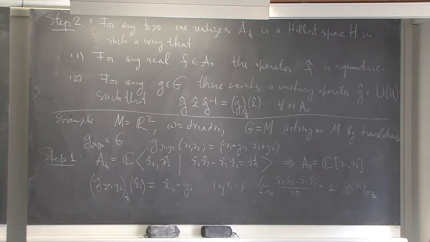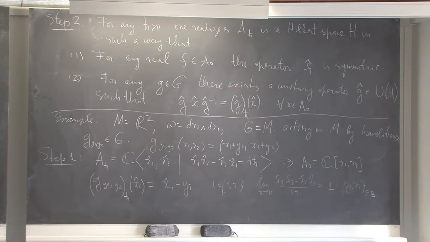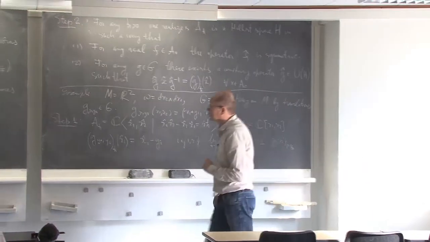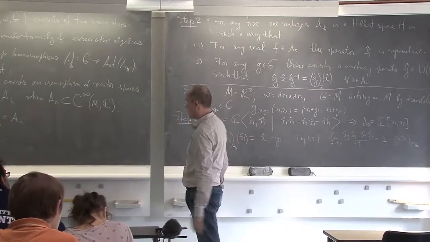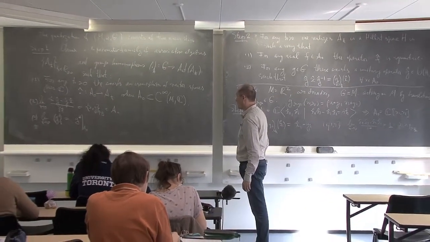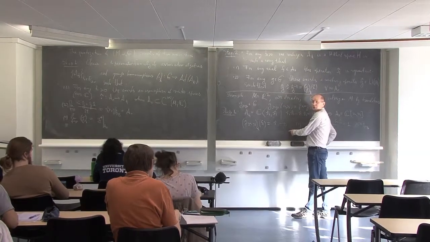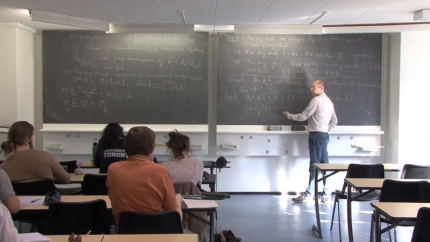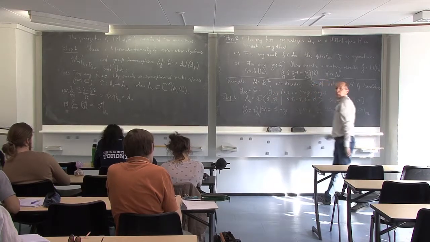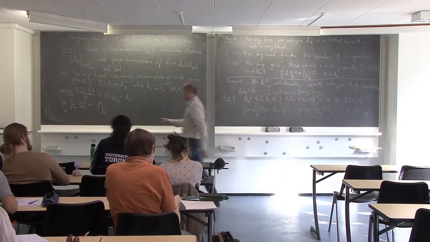So formally, at least on the level of generators, we are able to check that the properties we imposed in step 1 are satisfied, and this formula just does not depend on h bar. So if we take a limit of h bar, then this is indeed the pullback map. So this is also satisfied.